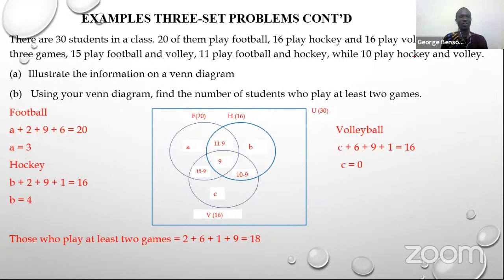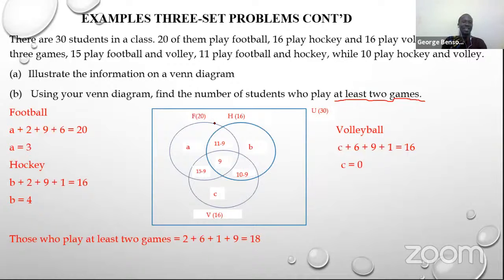B, using your Venn diagram, find the number of students who play at least 2 games. When the question is like this, you have to pay attention. It says at least 2 games, and that is very important.